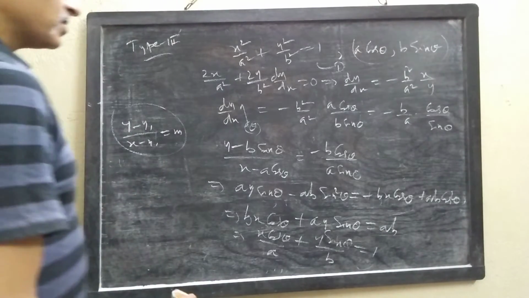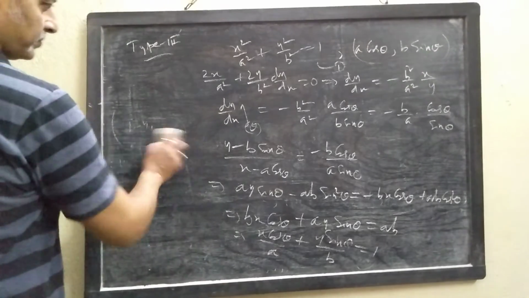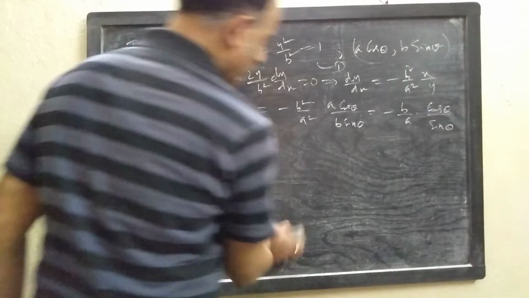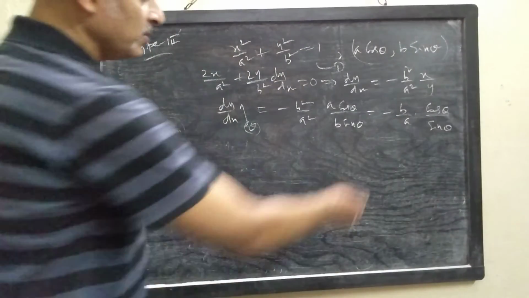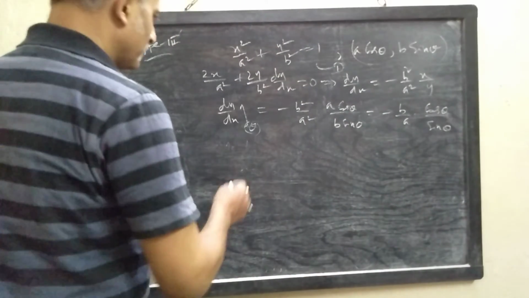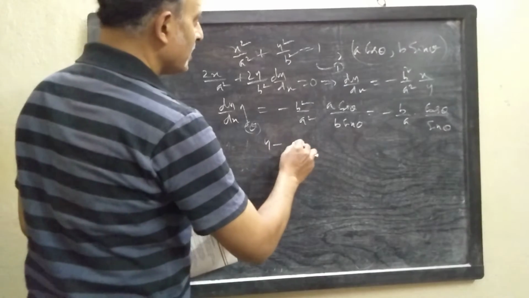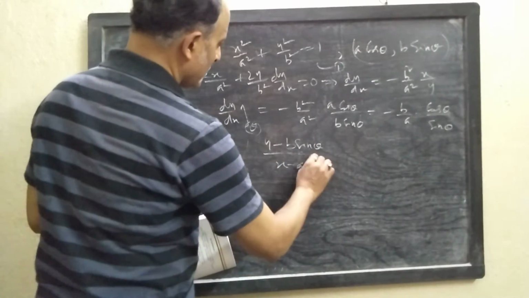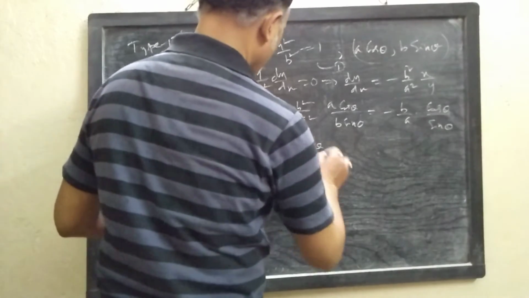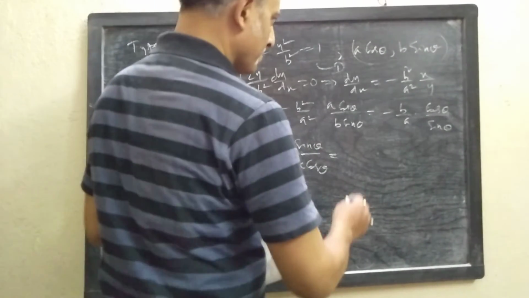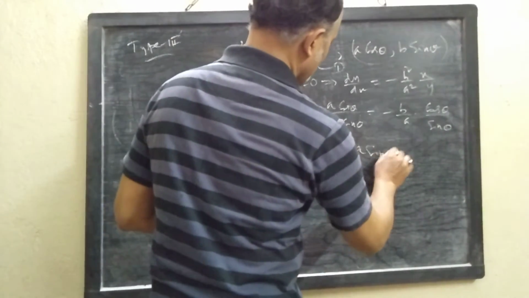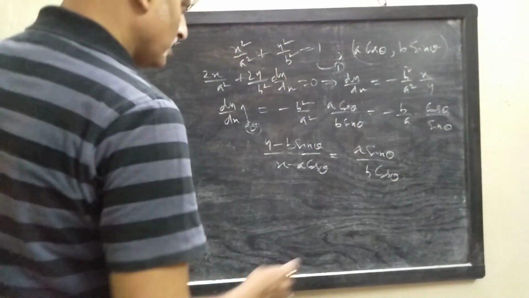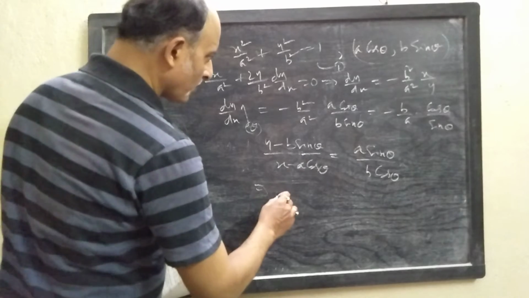Next, let us find the equation of the normal at the same point. For the normal, we have to replace the slope only. (Y minus b sin theta) by (x minus a cos theta) will be a sin theta by b cos theta; minus will be plus here. Now cross multiply them.